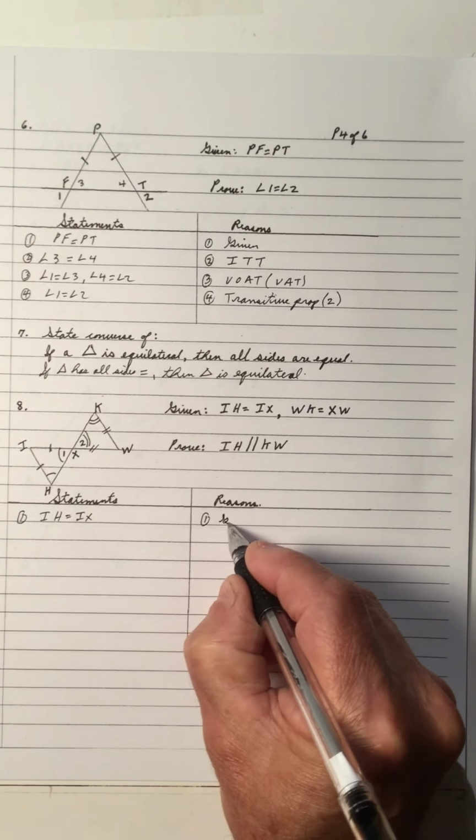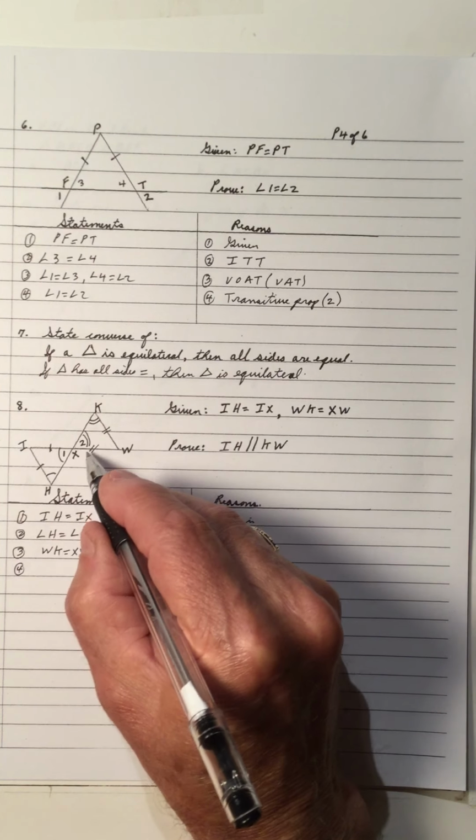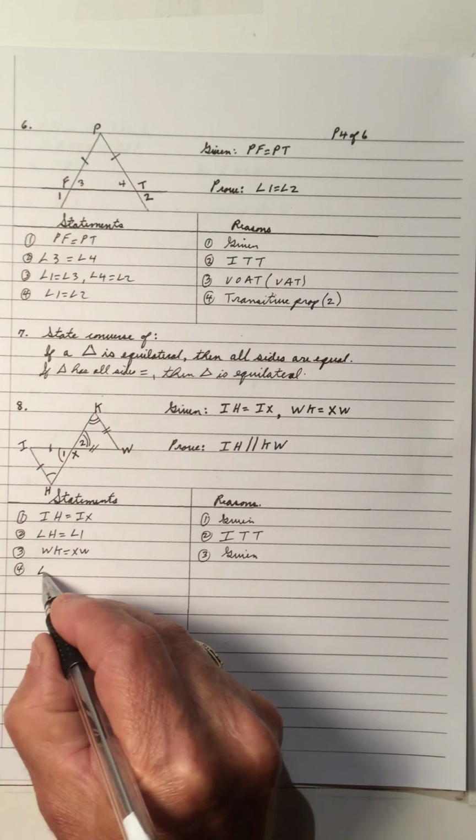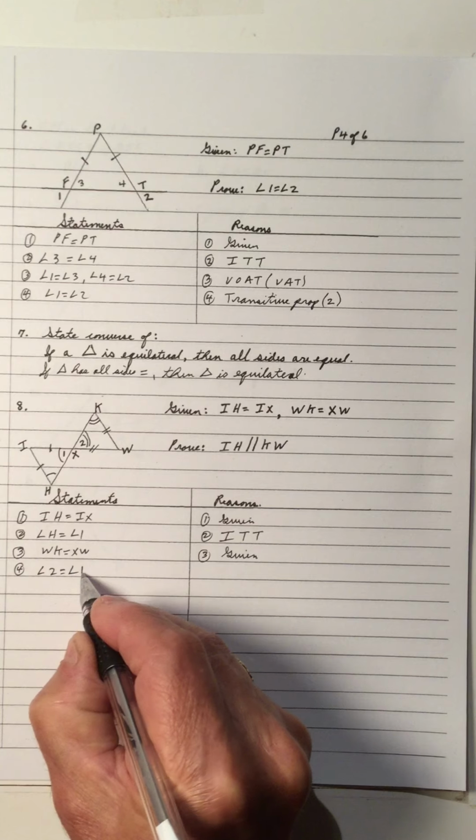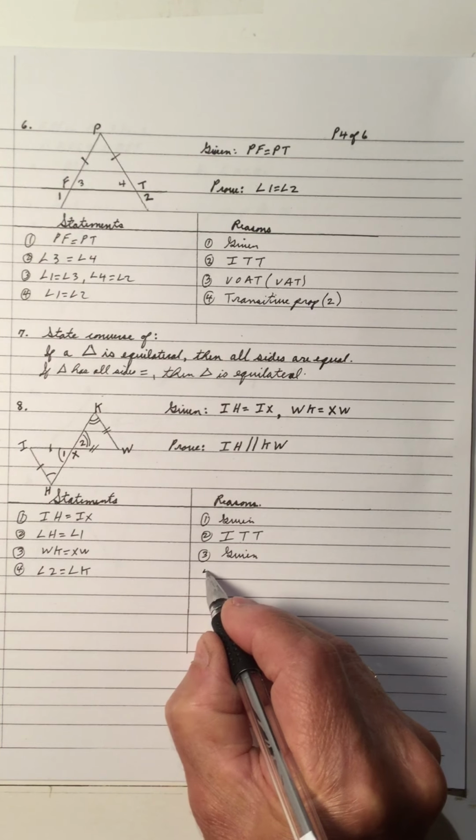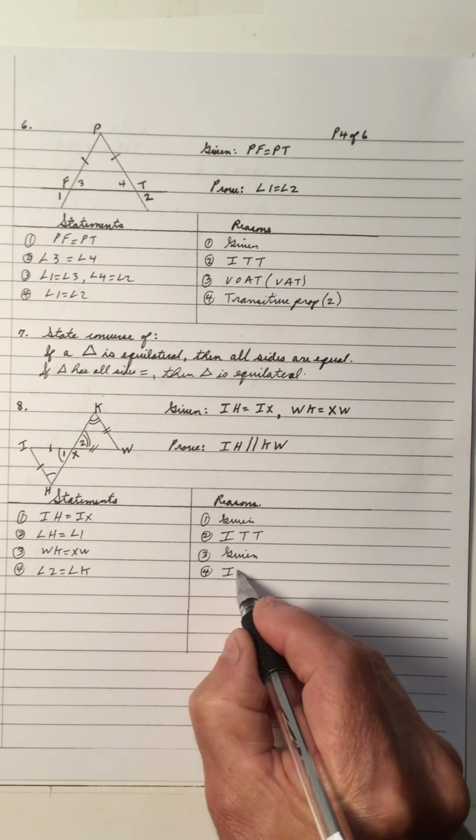And now we'll go WK equals XW. This is the other given. I didn't put all the givens into one step because I wanted to show you the 2 separate ITTs. Because these 2 sides are equal, that means that angle 2 equals angle K, and that's ITT.